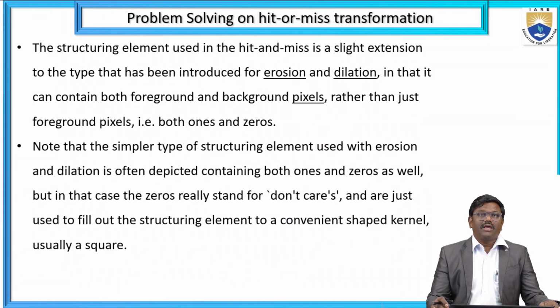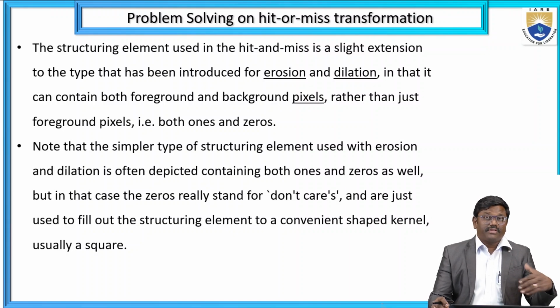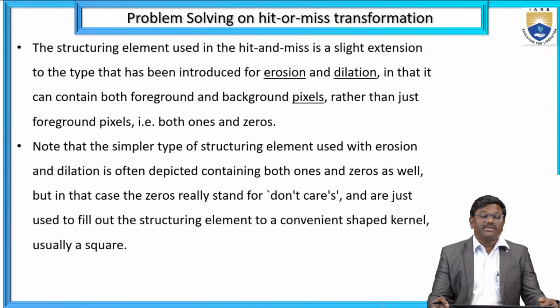The structuring element used in the hit or miss is a slight extension to the type that has been introduced for the sake of erosion and dilation. In that, it can contain both foreground and background pixels rather than just foreground pixels, that is, both ones and zeros will be used.